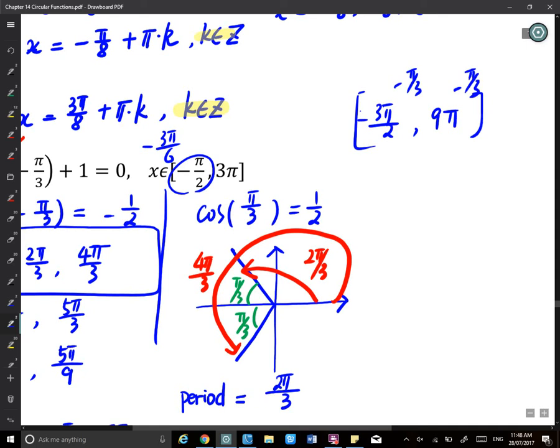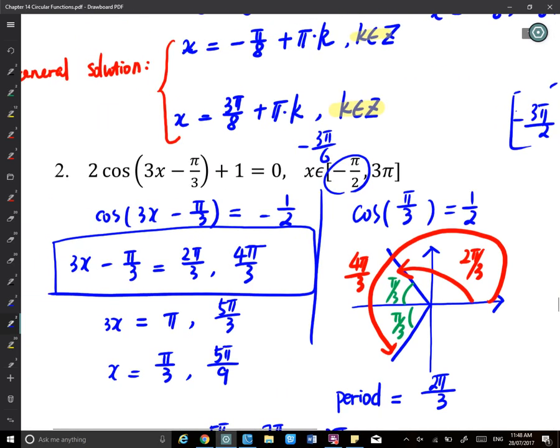Then those are the possible numbers you need to list in this box. Can you see you actually do a lot of extra calculations? You find another domain for 3x minus pi on 3, which is extra work. That's why I'm not really recommending you do this at this time.